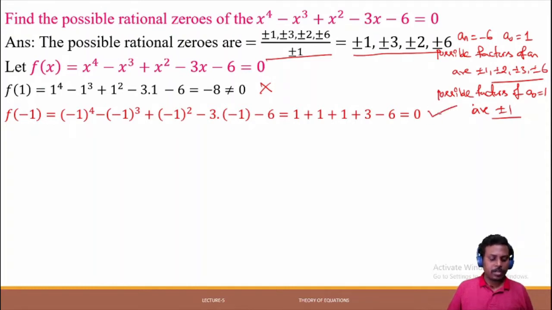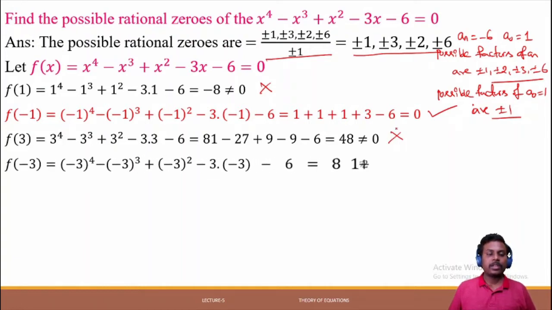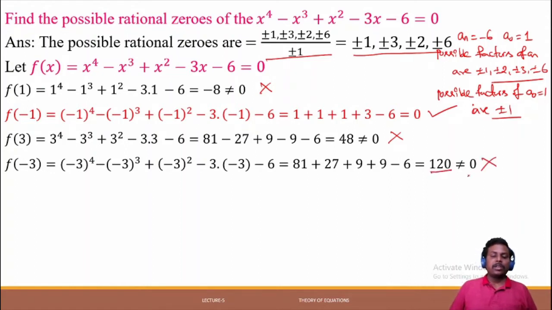So this is also a root. Now we find f of 3, and this is not equal to 0, so this is not a root. And substituting minus 3 in the above equation, you get 120. 120 is not equal to 0, so minus 3 is not a zero.